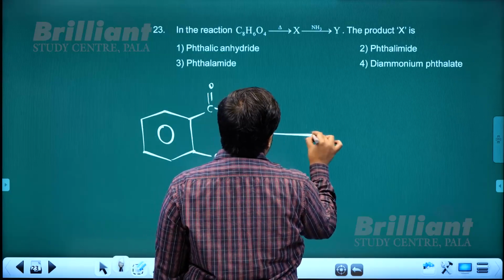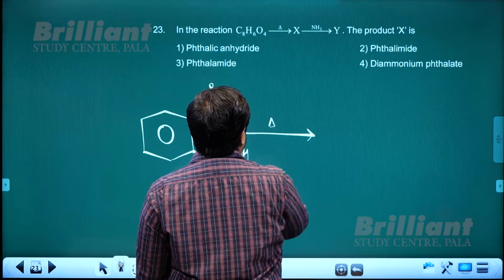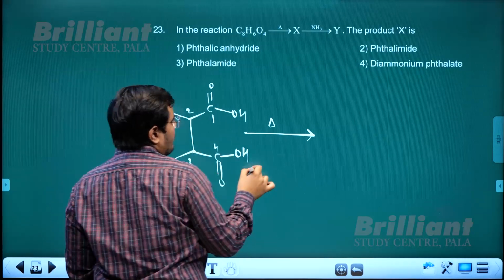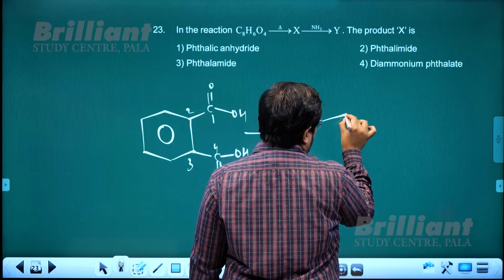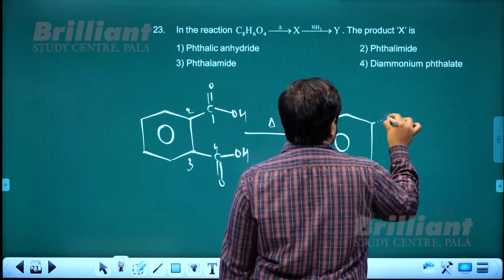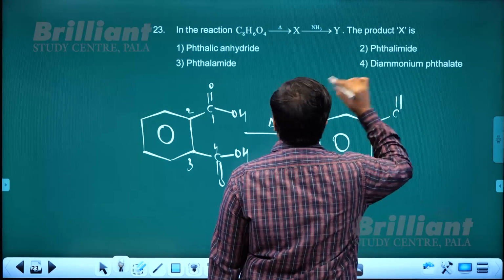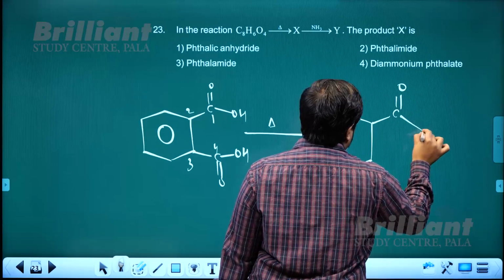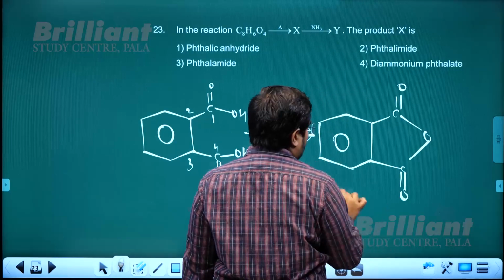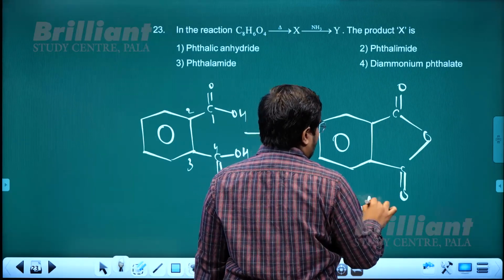So this phthalic acid, if you are heating it, if you see, this is 1, 2, 3 and 4. 1,4 acid on heating, I have already told you, they cyclize to form the anhydride. So we will form phthalic anhydride.